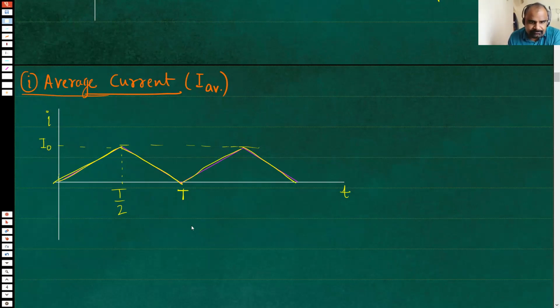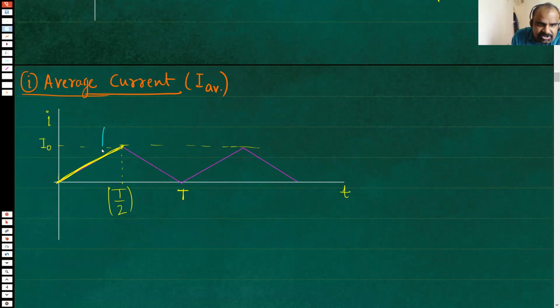So there are many ways of doing it, but I will find the average from 0 to capital T by 2. Here you can find the average just by finding this area using the triangle formula, half into base into height, and divided by the time interval, you will get the average, which will be I naught by 2. But I will do it in a proper mathematical way.